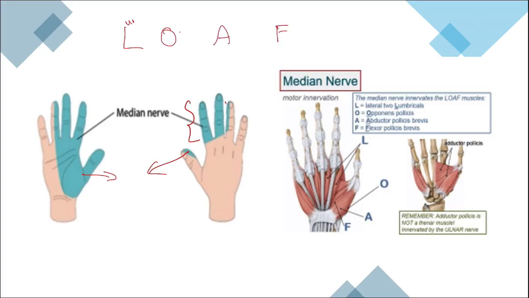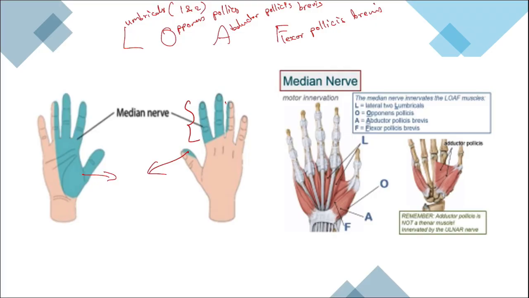L means lumbricals, mostly 1 and 2, and O means opponens pollicis. These are the muscles innervated by the median nerve. And A means abductor pollicis brevis. F means flexor pollicis brevis.